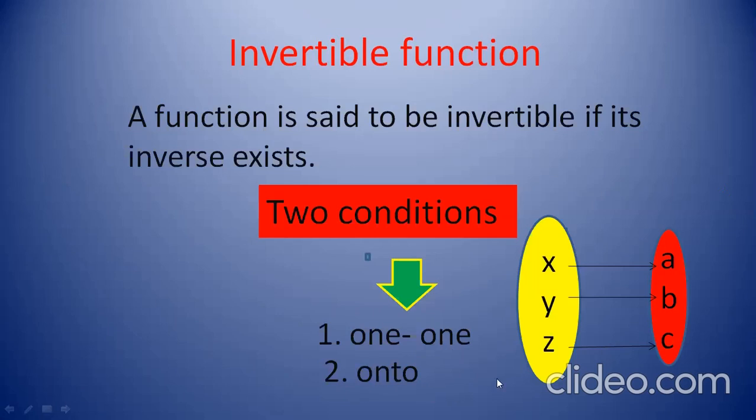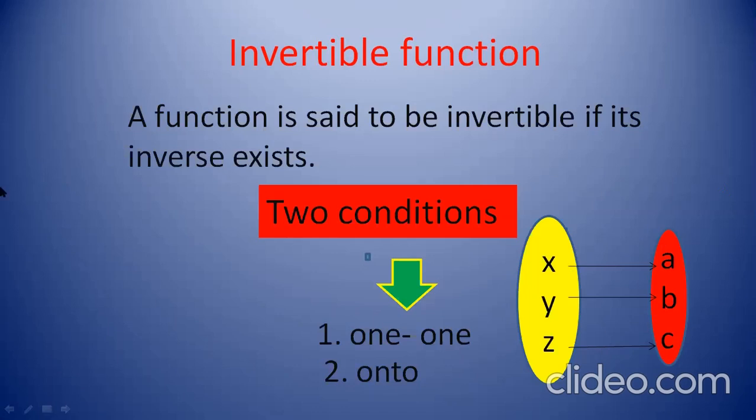If we look at the same example, we can easily locate that the set B contains A, B, C, these three elements. A has a pre-image in set A, B also has a pre-image in set A, and C also has a pre-image in set A. So the set B is entirely used up by the elements of the set A. That's why it is represented as an onto function.